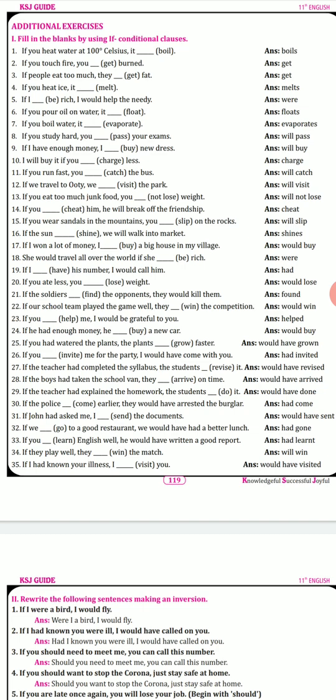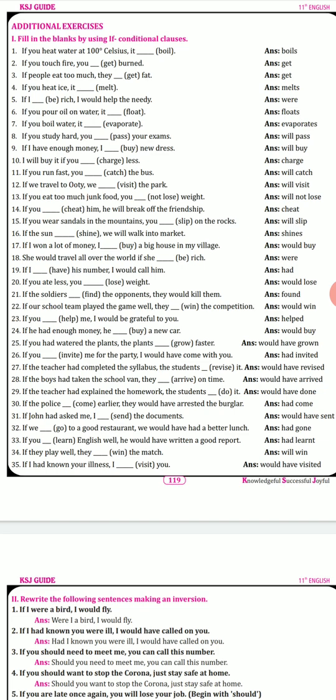And then the 14th question: if you (cheat) him, he will break off the friendship. So will break is simple future tense. This is a possible or probable condition, so the subordinate clause verb should be in simple present tense. So we can use the verb cheat. We need not add s or es with the verb because the subject is you.